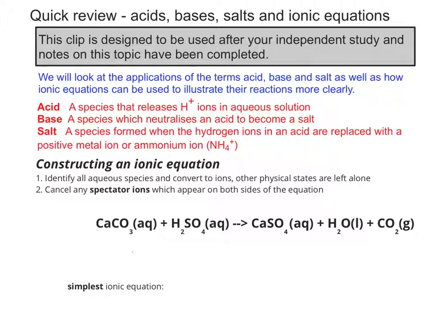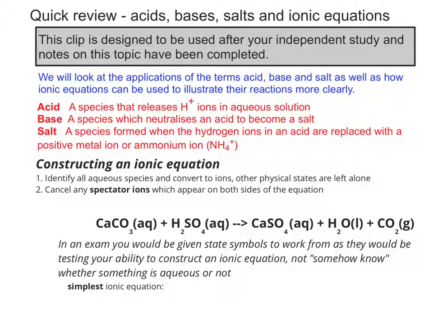So let's try another one. This time we have calcium carbonate, and it's given to us as aqueous. So some might say that calcium carbonate is actually not that soluble in water. So what would happen is you'd be given the state symbols to work with, because they're interested in finding out if you can construct an ionic equation using the two steps on the screen, not somehow remember a list in your head of what's aqueous and what's not aqueous at room temperature.